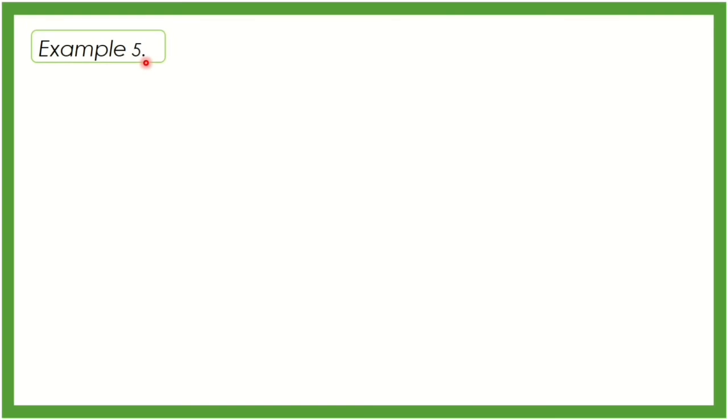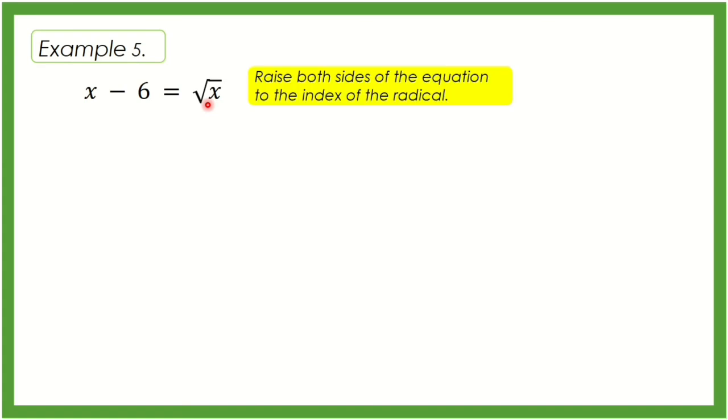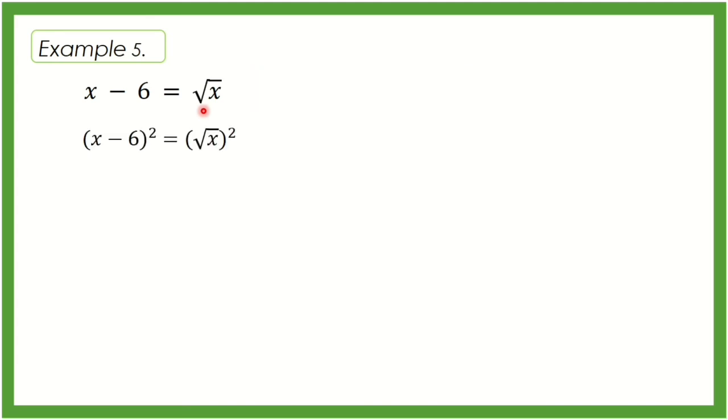Let's have another example. X minus 6 equals square root of x. Since naka-isolate na yung ating radical term, pwede na tayong mag-raise both sides of the equation to the index of the radical. Ang index natin is 2, therefore, i-raise natin both sides by 2.